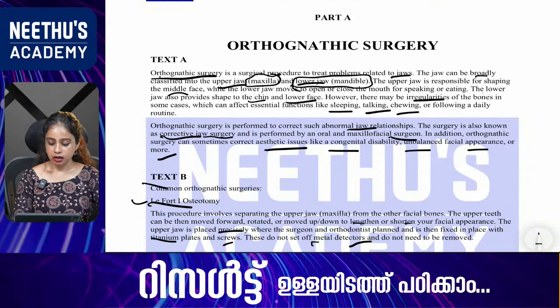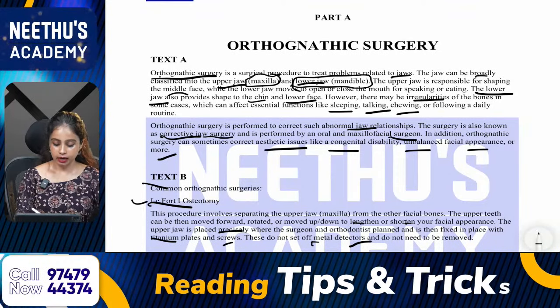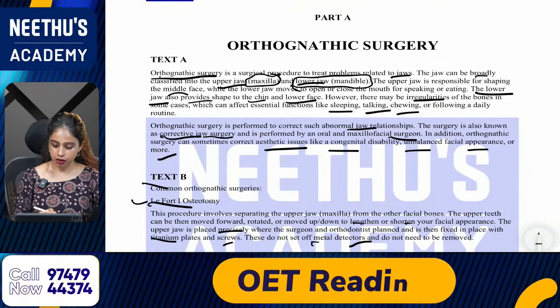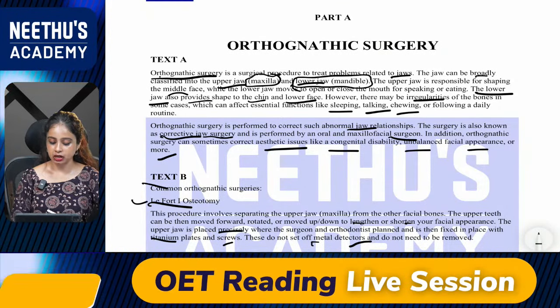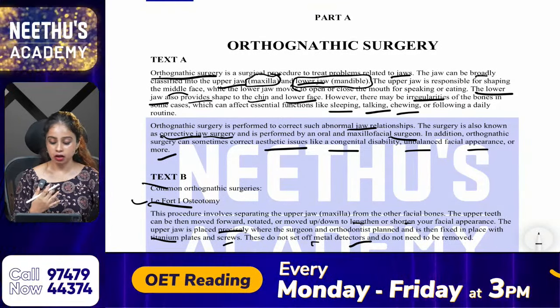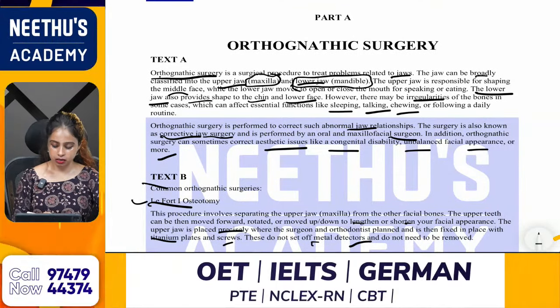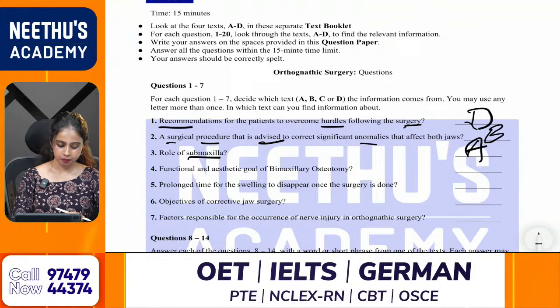Then in the third line, the lower jaw or the submaxilla also provides shape to the chin and lower face. However, there may be irregularities of bones in some cases which can affect essential functions like sleeping, talking, chewing or following a daily routine. So that answer is text A.